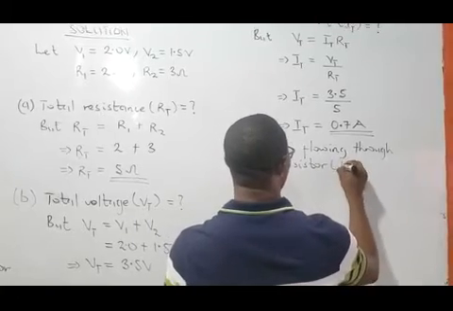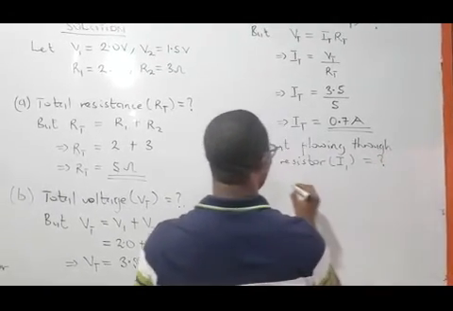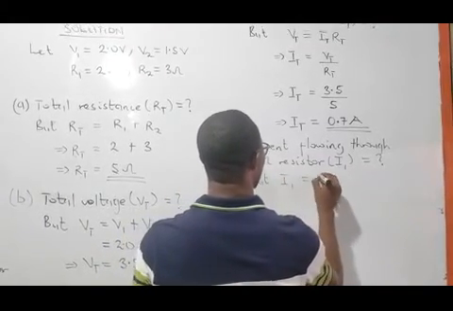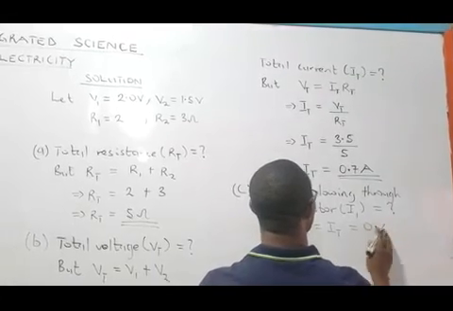Since 2 ohm is the R1, I'm calling that current I1. We are saying that that current, your I1, is equal to the IT, which is equal to 0.7 amperes.